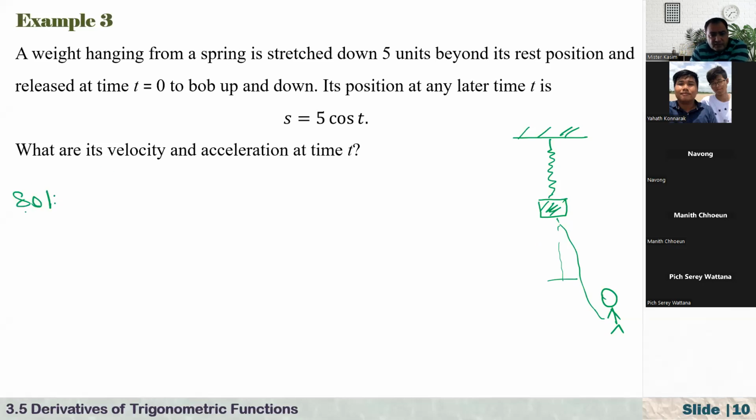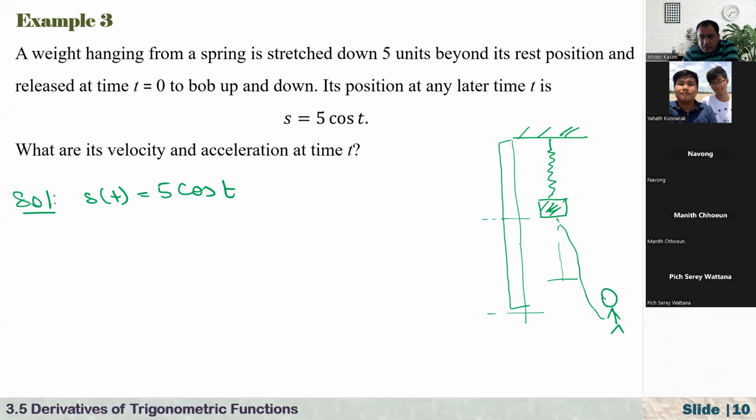We know that s of t equals 5 times cosine of t is our position function at any time t. It gives us the position of this particle. If you draw it, it's bobbing up and down around this rest position, and at any time t the position is here.